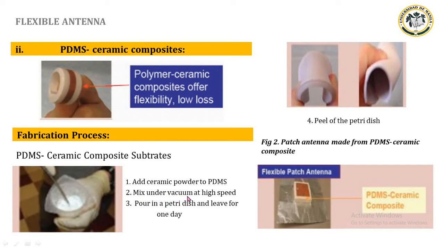Mix under vacuum at high speed. Number 3. Pour in a Petri dish and leave for 1 day. Number 4. Peel off the Petri dish. Figure number 2. Patch antenna made from PDMS ceramic composite. This is the picture of a flexible patch antenna.